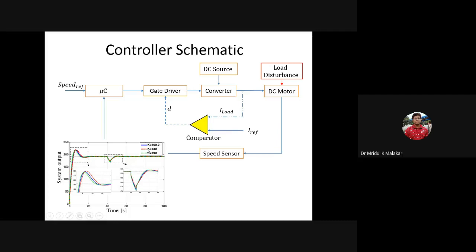So it is not a single K. But in your real-time system, once you deploy your code, the system is completely implemented, and you cannot change any gain value at that time.